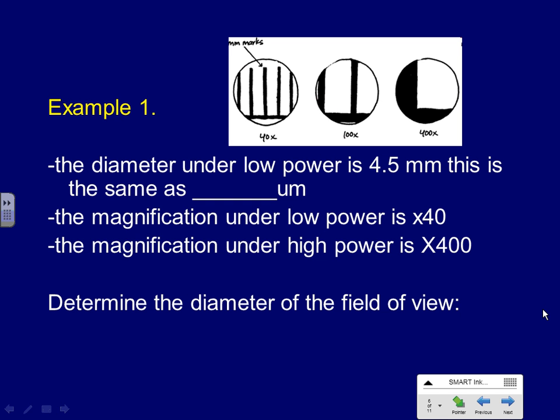So we like to convert them to micrometers. This U actually should be a symbol that has a little tail on the front that looks more like a micro sign. That's micrometers. There are 1,000 micrometers in a millimeter. So if there's 1,000 micrometers in a millimeter, how many micrometers is in 4.5 millimeters?